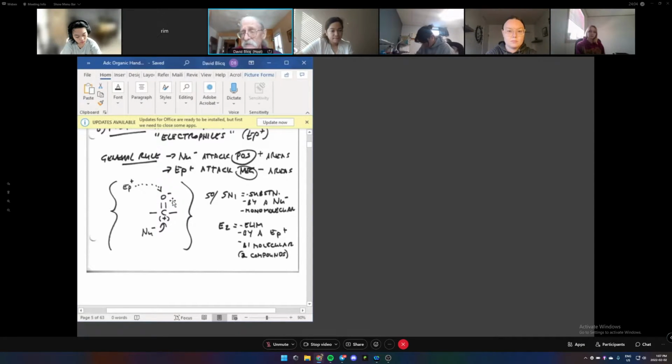It's not getting them completely. It's literally pulling some of the electron density, pulling some of the electronegativity from the carbon. What does that do? It makes this oxygen ever so slightly more negative than everything around it. As a consequence, by pulling electrons away from carbon, it makes the carbonyl carbon ever so slightly more positive.